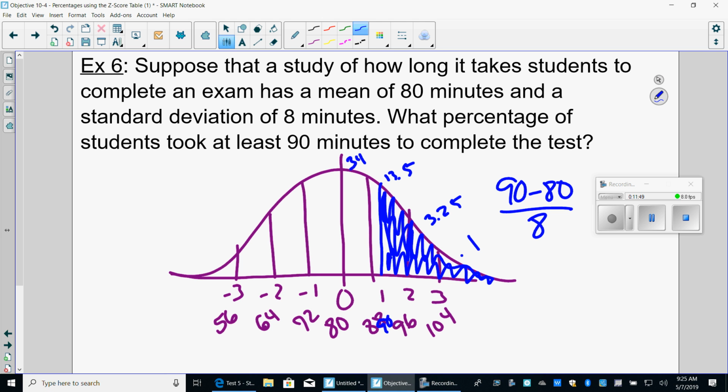So what do you get when you work this out? 1.25? 90 minus 80 is 10, okay. And so if you use 1.25 on here, you get 89 point what? 44? But here's my question. Hold on. Where's 89.44? Over here.